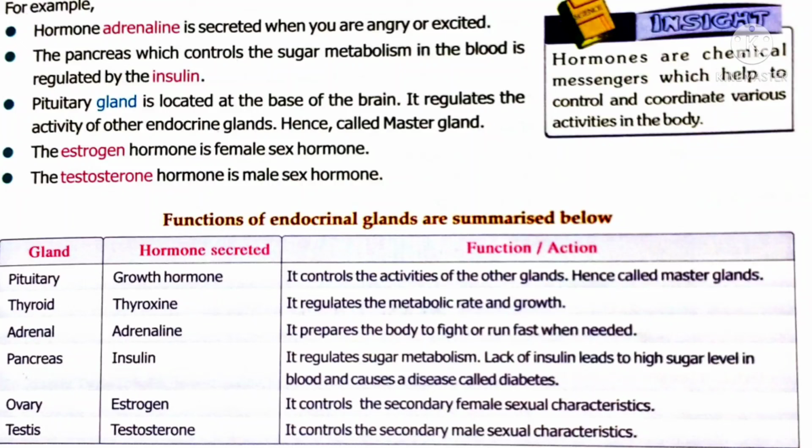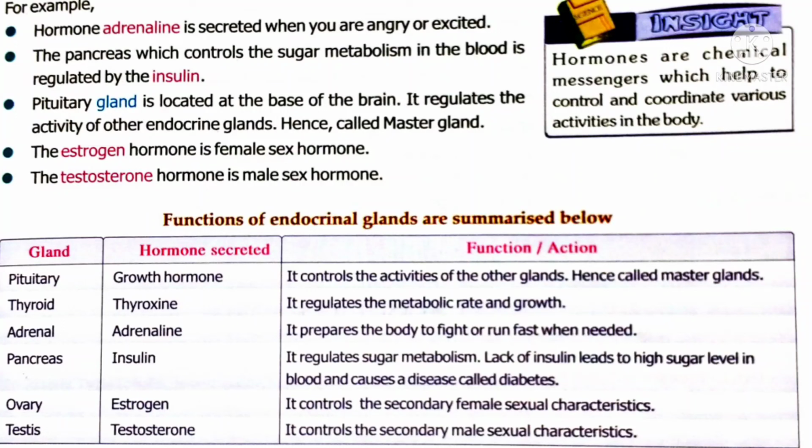It is called a sex hormone, and the testes secrete testosterone, which is responsible for secondary male sexual characters, and estrogen is responsible for secondary female sexual characters. These two glands, ovary and testes, become active during the adolescence period. So the female sex hormone is estrogen and the male sex hormone is testosterone.